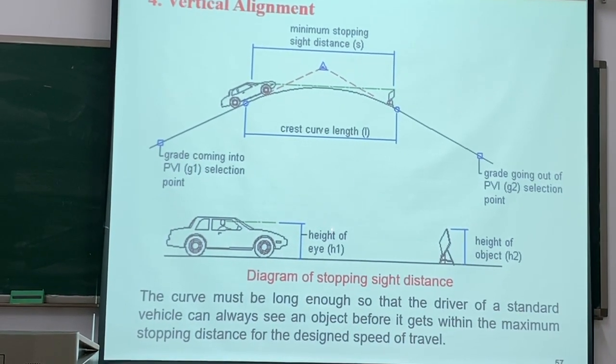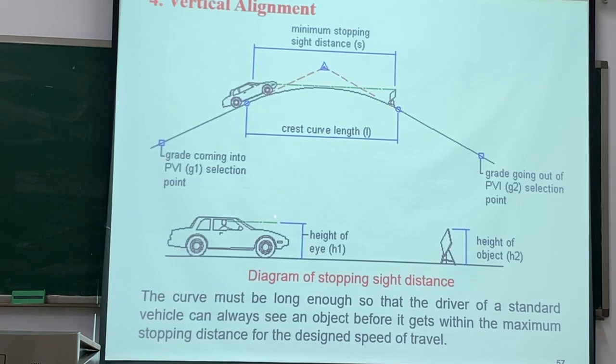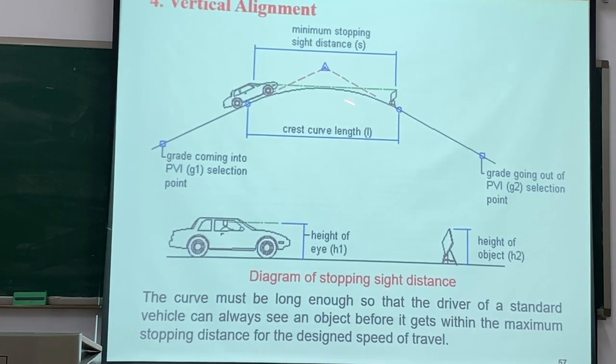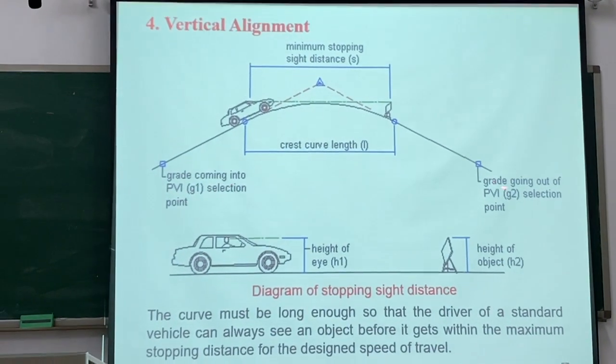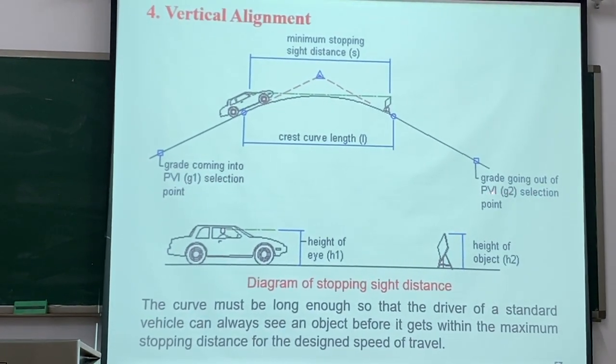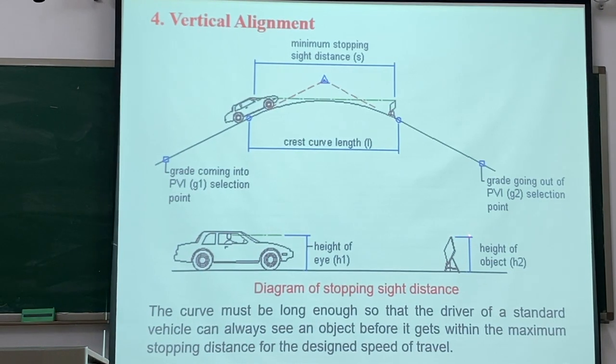This is a diagram to describe it: the grade coming into the PVC and the grade out of the PVT, with intersection point.